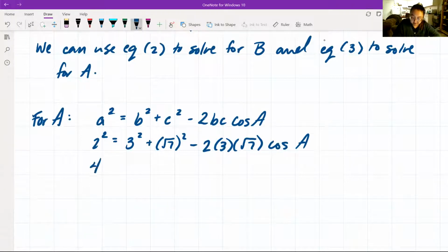So 2 squared is going to be 4, 3 squared is 9, plus square root of 7 squared, which is going to be 7, minus 2 times 3 times the square root of 7. This gives us 6 times the square root of 7 times cosine of A.